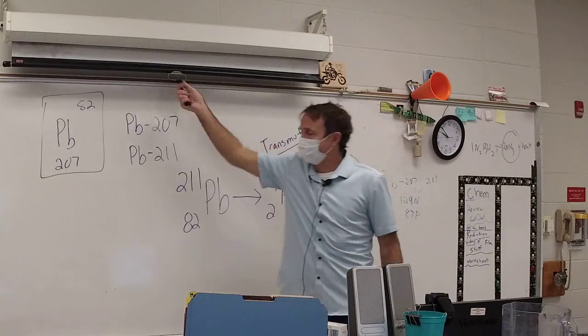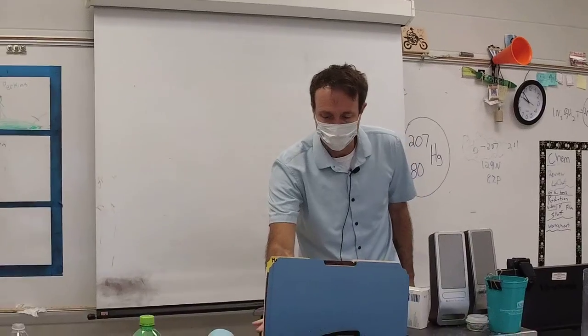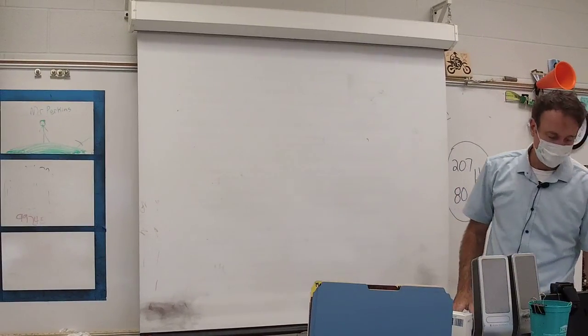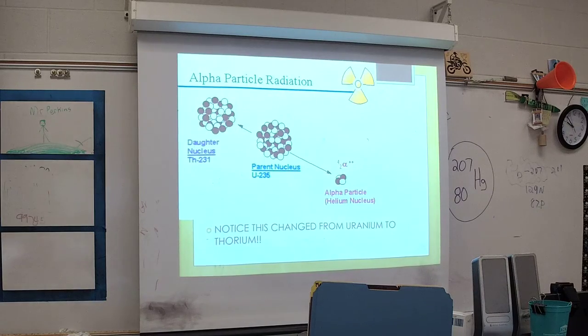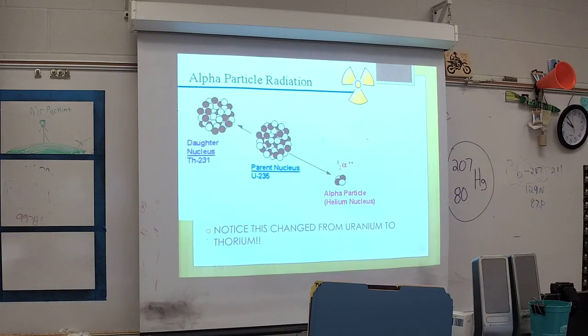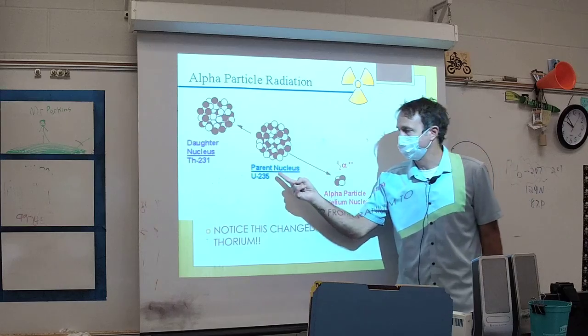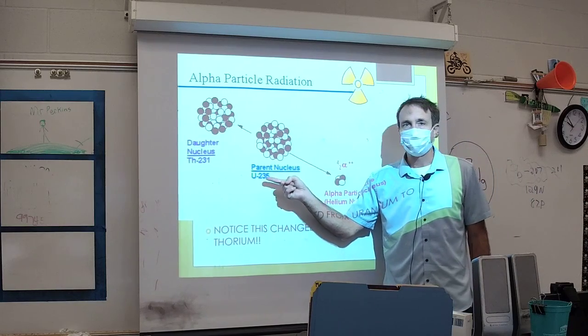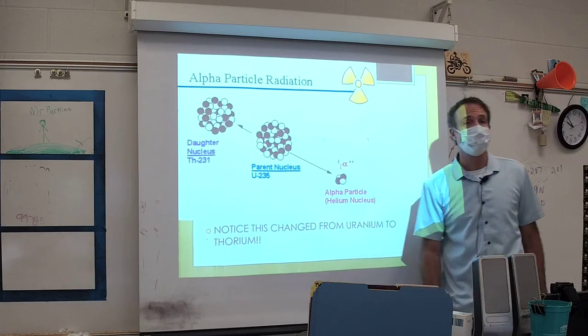Now check this out. Here is a pretty famous alpha decay. I want you to soak this up for a second. The parent nucleus, or the original nucleus, was uranium-235. Does uranium sound familiar to you?